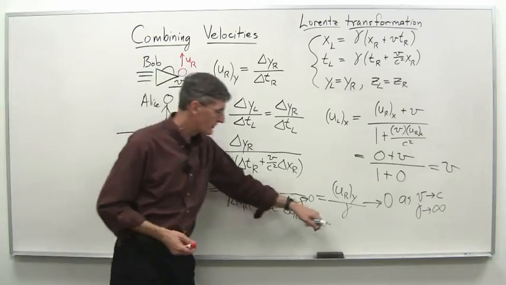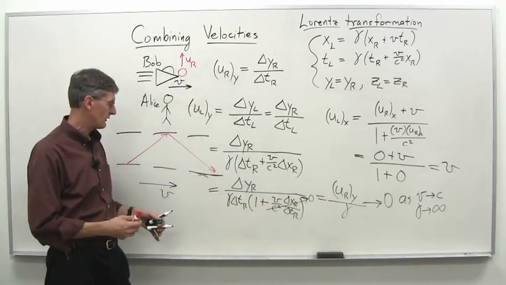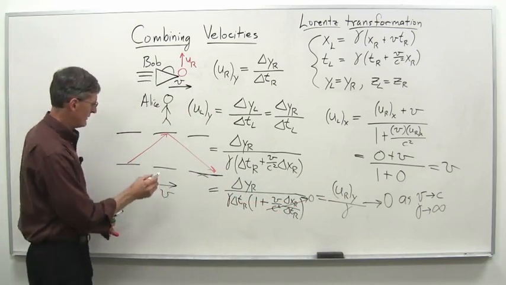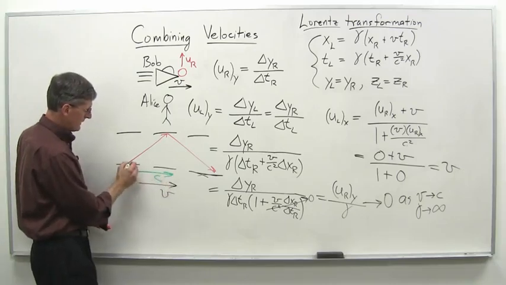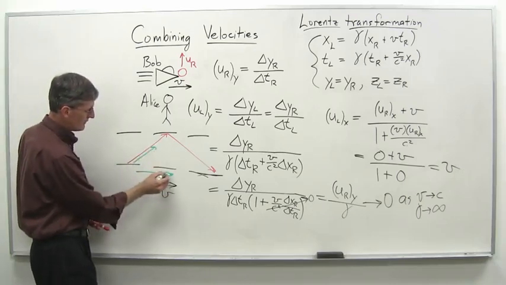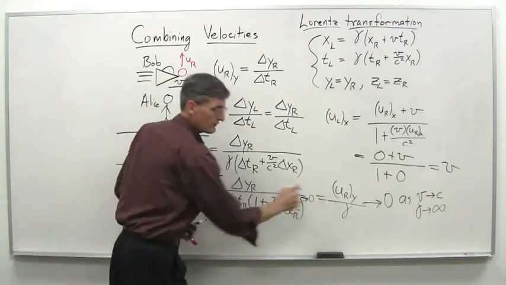And that's what this mathematics is telling us, another way of seeing what we argued qualitatively earlier. If this is the velocity of light, if we're going c here, then it can get up here at c, but it never gets up to that top mirror. That's what this is telling us.